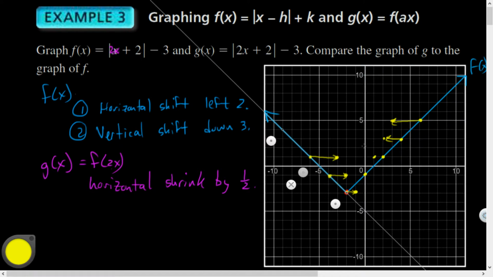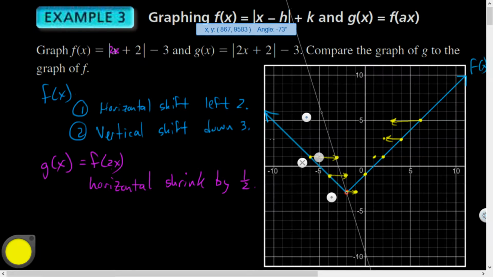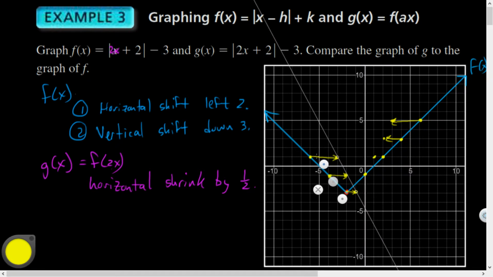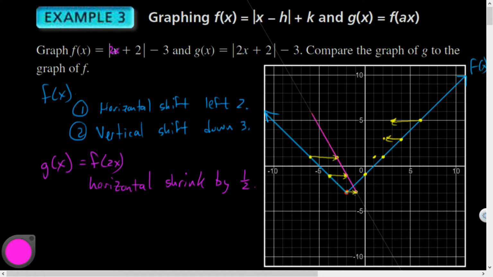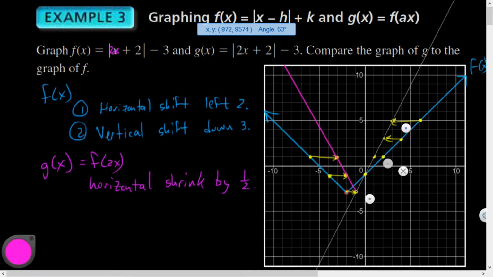So notice this new graph is a horizontal shrink of the other graph. What's weird is that its vertex actually changed location a little bit as well. Isn't that a little bit weird?